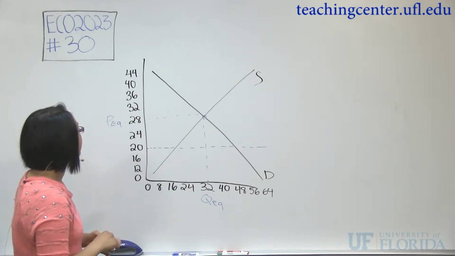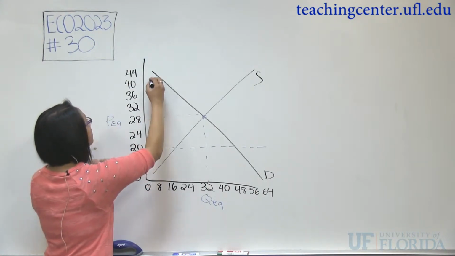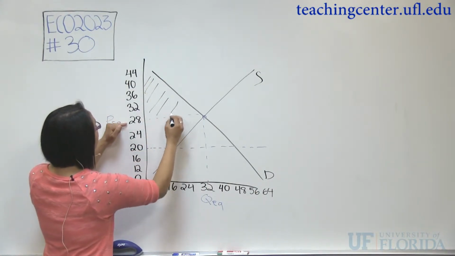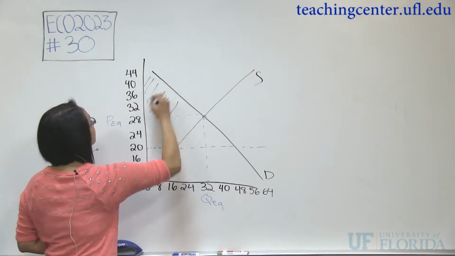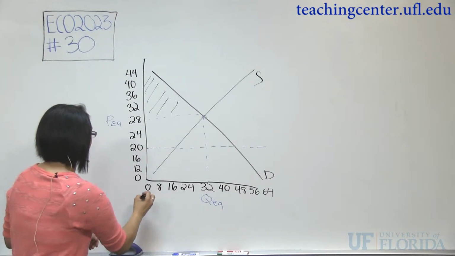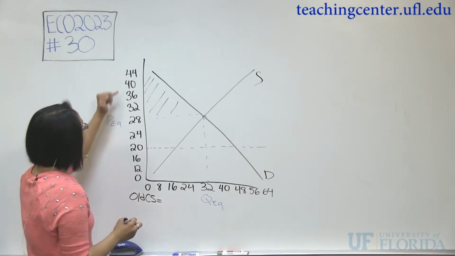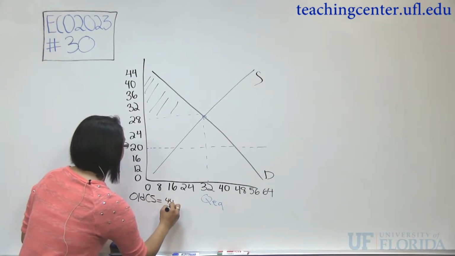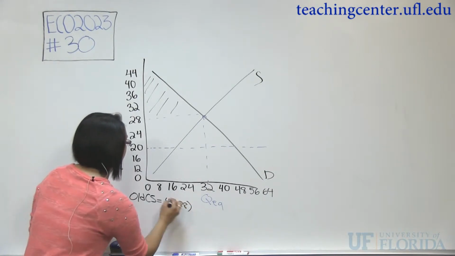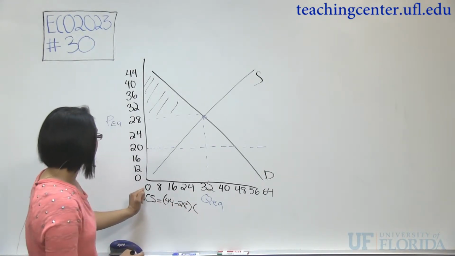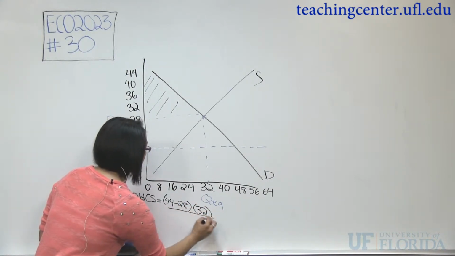So first, to find the original consumer surplus, it's above the price of 28, the price equilibrium, and it's below the demand curve. So it's this entire area. So we have old consumer surplus: 44 minus 28 is our height, times our base 32, over 2.